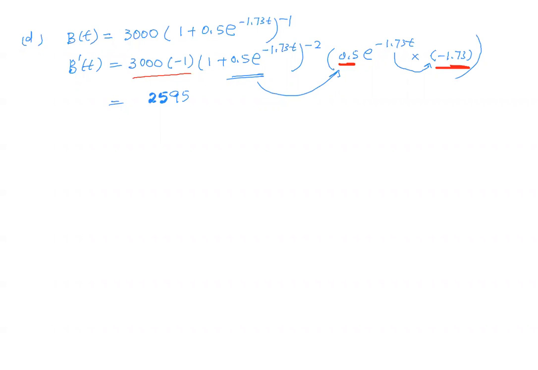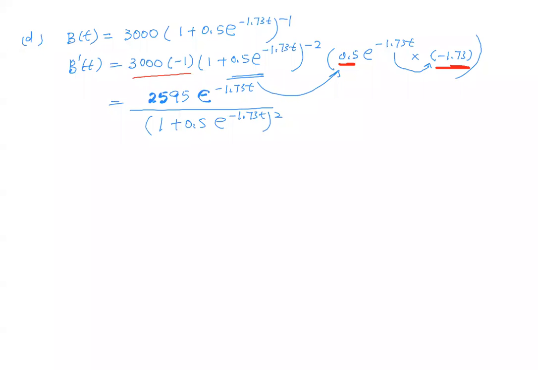Okay, so this is e to the power of negative 1.73t, the whole thing, divided by 1 plus 0.5 e to the power negative 1.73t, the whole thing squared.